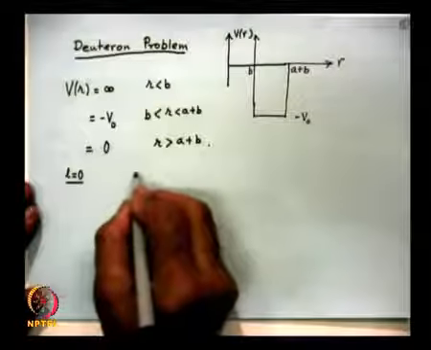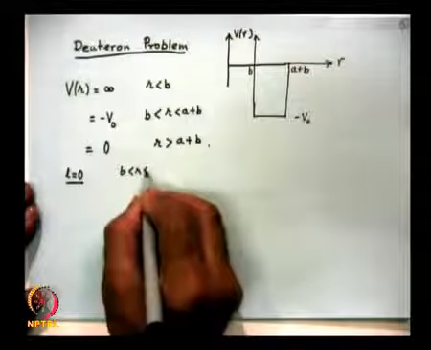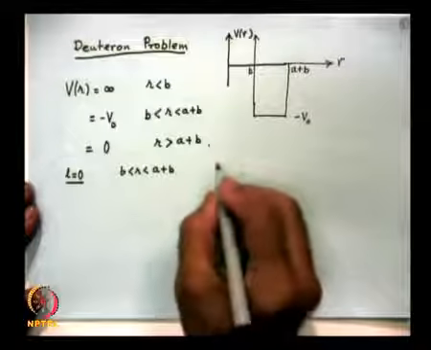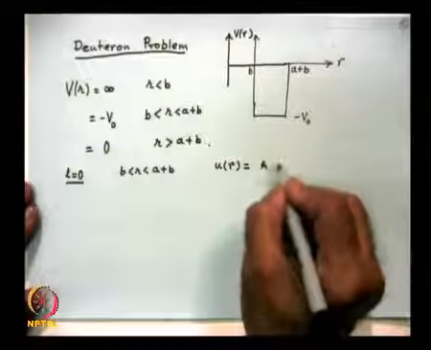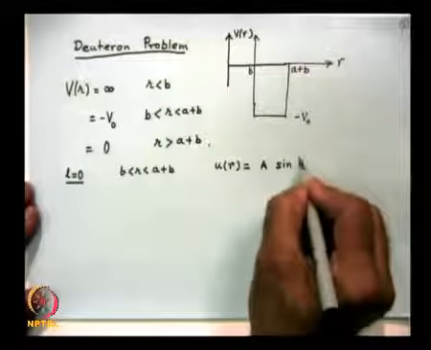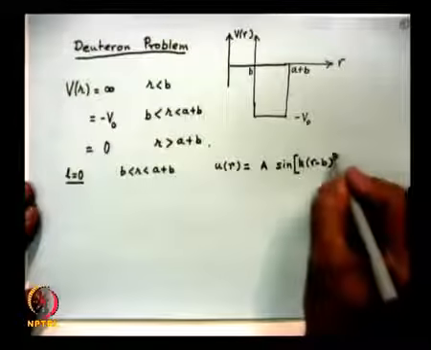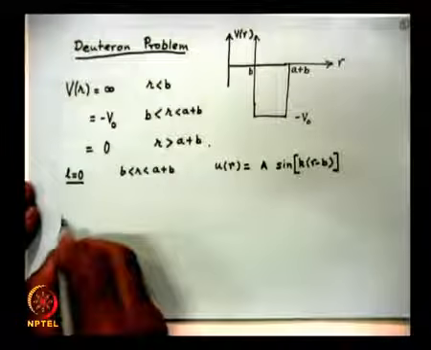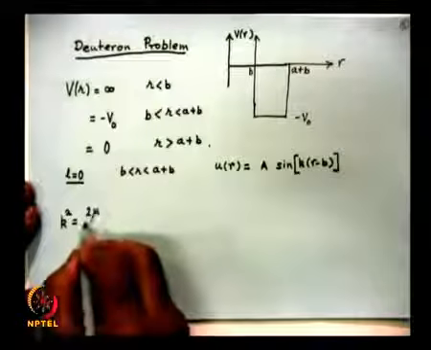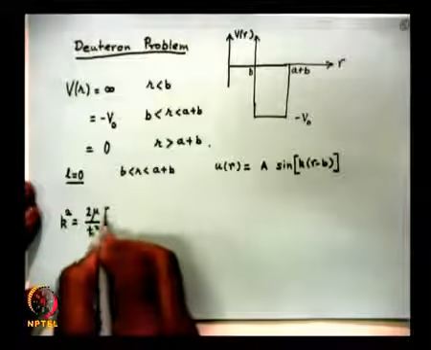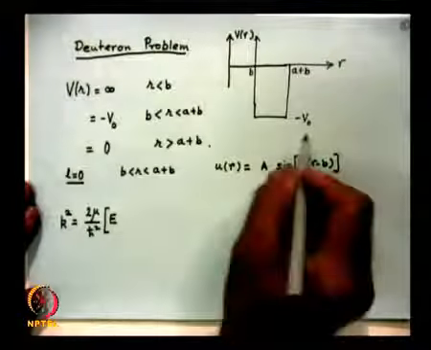And we found that in the region B less than r less than A plus B, the solution of the radial part of the Schrodinger equation was sine of k into r minus B, where k square is equal to 2 mu by h cross square into E minus V, but V is equal to minus V0.